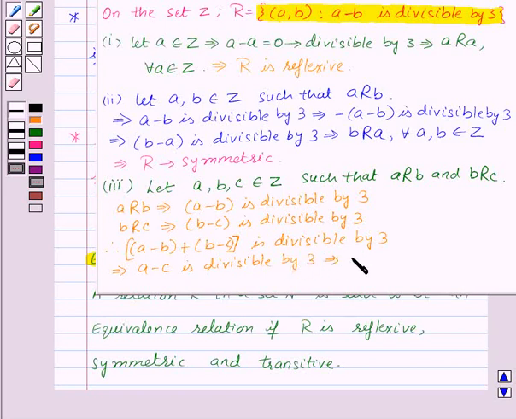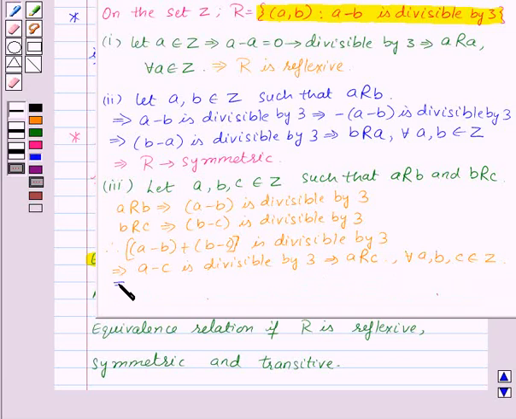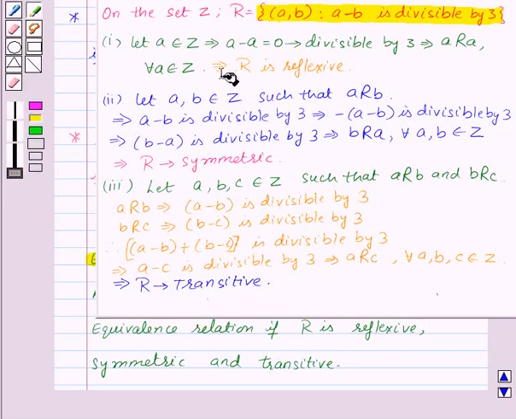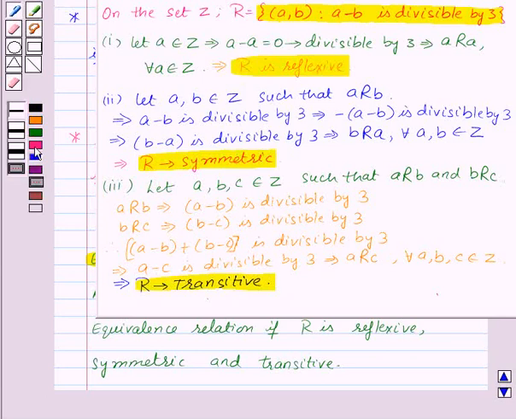That is, A is related to C for all A, B, C belonging to set Z. So, from this we get that relation R is transitive. Now we have shown that relation R is reflexive, symmetric and transitive. So, that means the relation R is an equivalence relation.